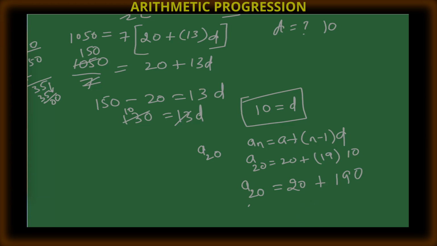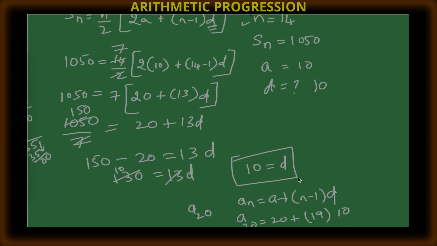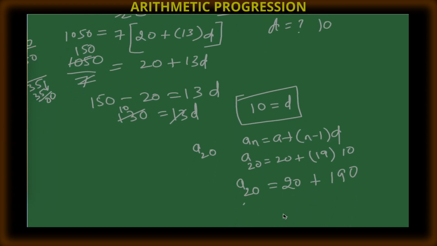I think I have made a mistake here. What is a? Okay, a is not 20. a is 10 here. Sorry guys, a is not 20. So let me just erase this. The a value is 10 here, not 20.